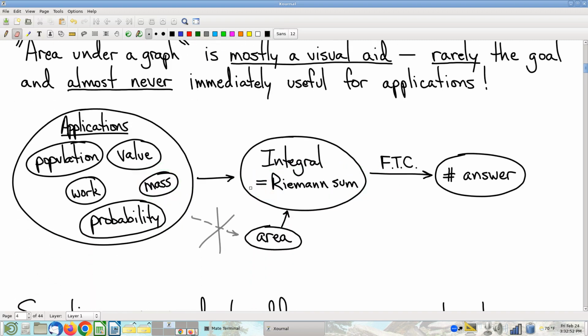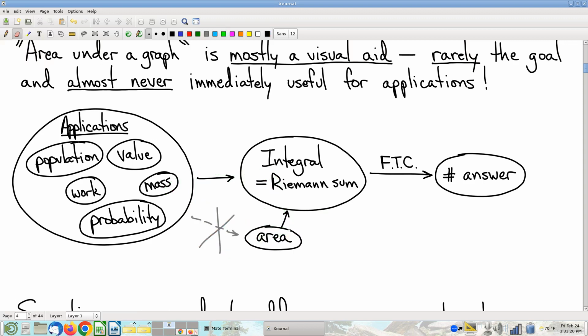But if you try to make a direct case for why mass is area, it doesn't work. It's just not clear why the mass of a one-dimensional thing should equal the area of a two-dimensional thing. Any actual argument that does that is, in fact, a sloppy, indirect Riemann sum argument. So again, there is no argument there.